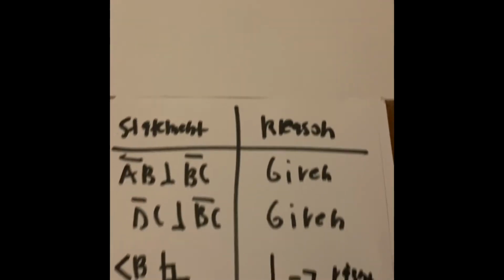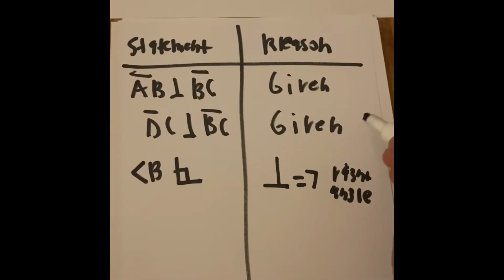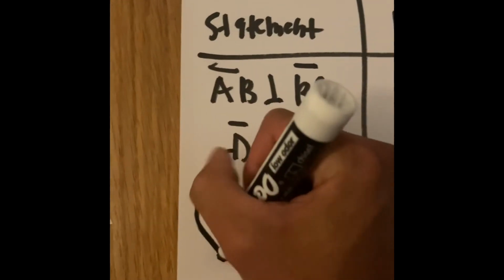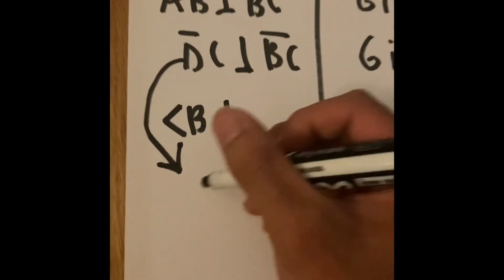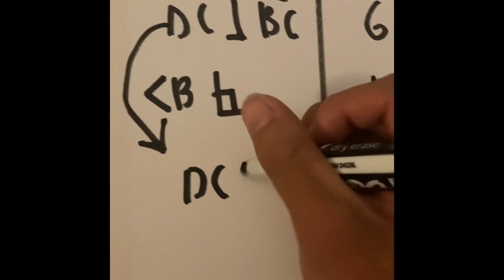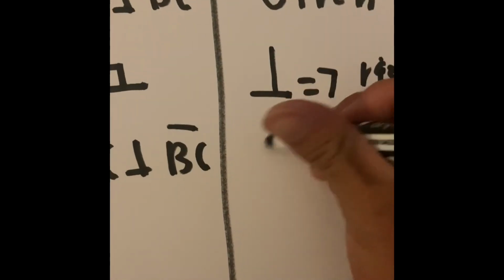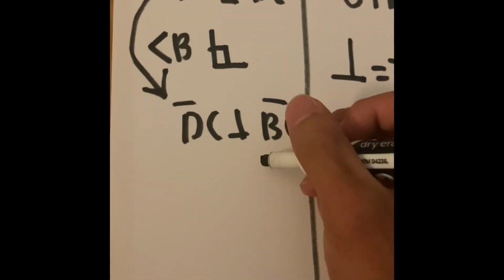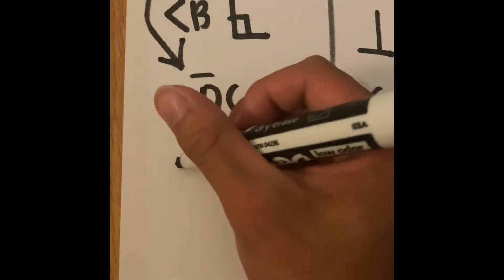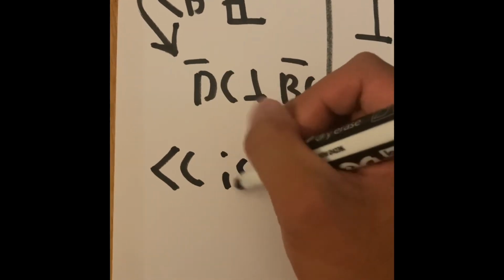Now we can look at another thing. Going from this one right here, this one should actually be down here, because it's explaining that DC is perpendicular to BC. That was given to us, and that links to angle C being a right angle.